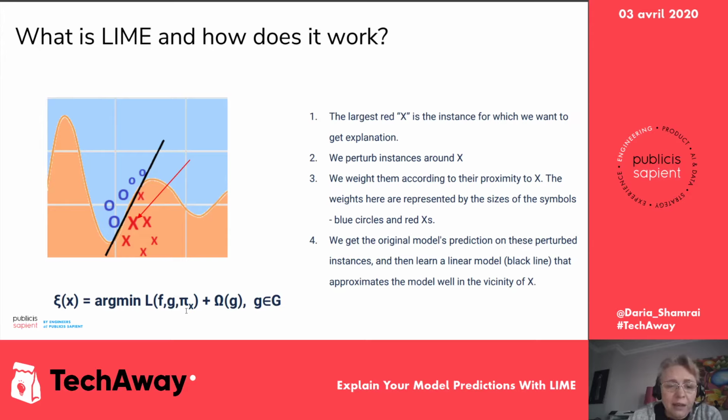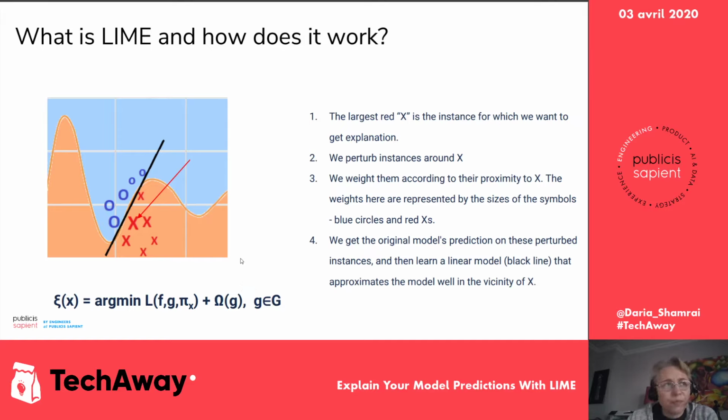And pi depends on x, right? This is something we can use to describe the locality, that's what I talked about: how many neighbors we take, how far we go, all that. And omega of g here is the complexity. The measure of the complexity can be rather different, and you can choose it depending on your specifics.